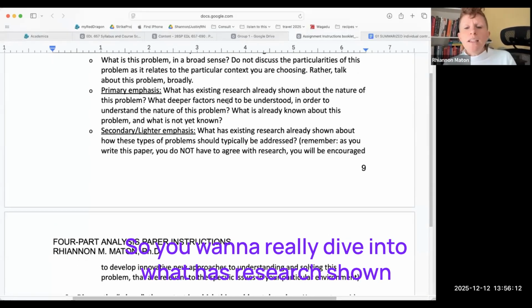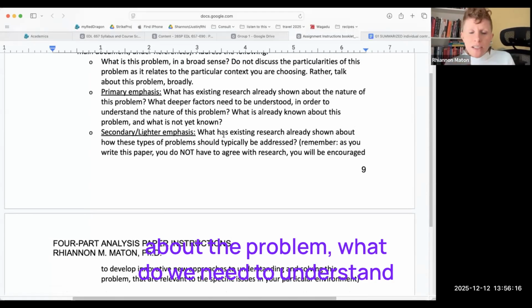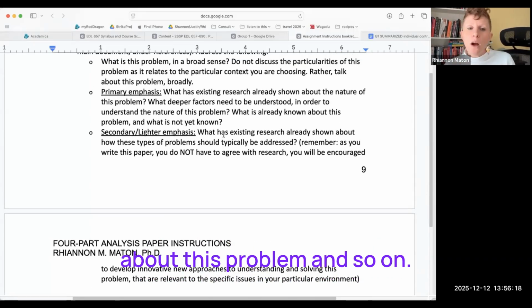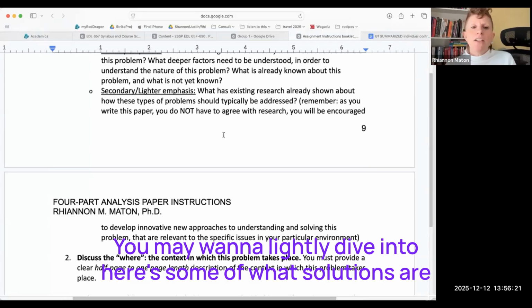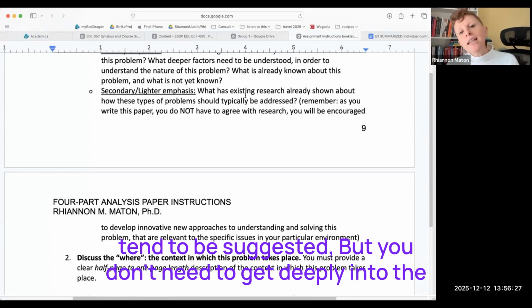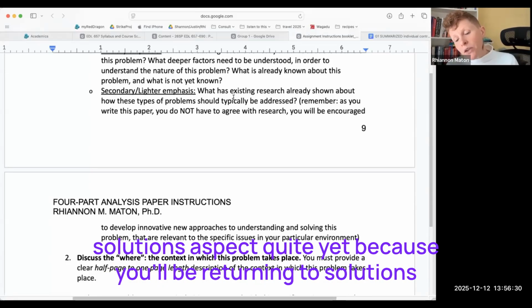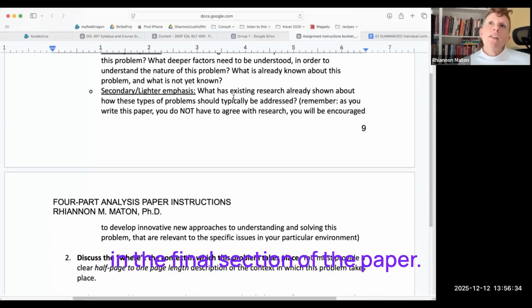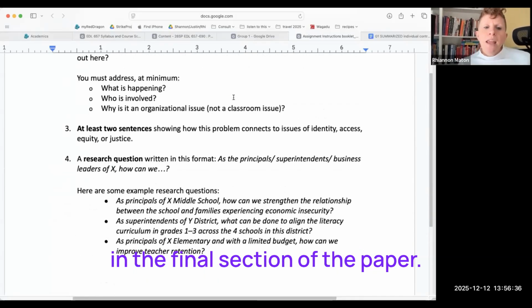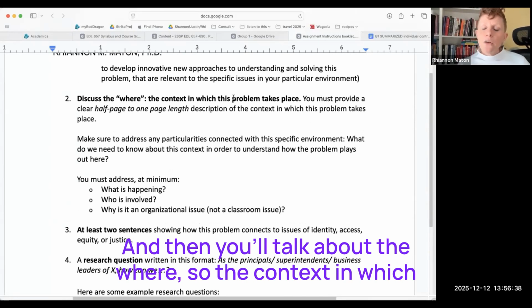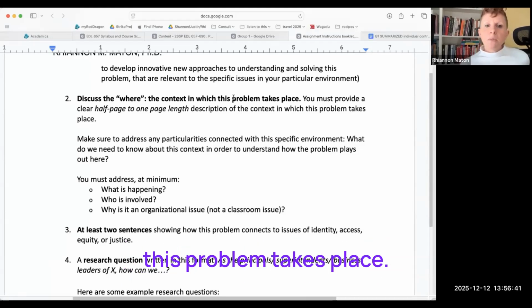So you want to really dive into what has research shown about the problem, what do we need to understand about this problem, and so on. You may want to lightly dive into some of the solutions that tend to be suggested, but you don't need to get deeply into the solutions aspect quite yet because you will be returning to solutions in the final section of the paper. And then you'll talk about the where. So, the context in which this problem takes place.